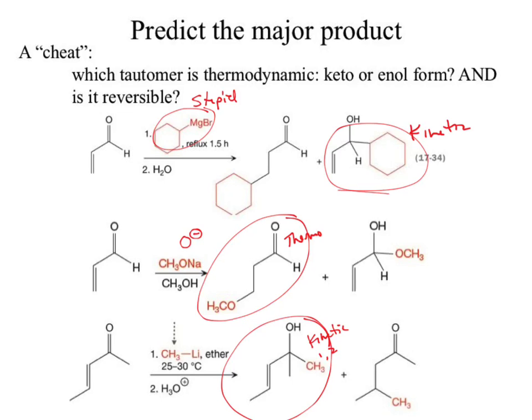And the second one, was it the kinetic product? No. So what does that mean the kinetic product was? Reversible. It had to be reversible, because if it didn't reverse, what would our product be? Kinetic. So it was a reversible product because of a reversible nucleophile.